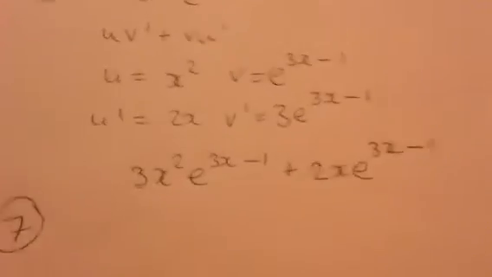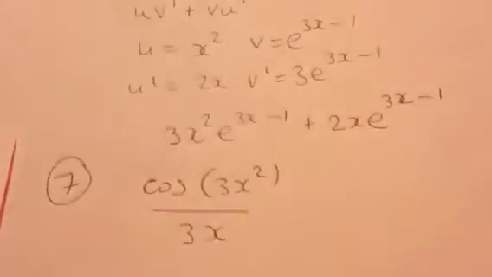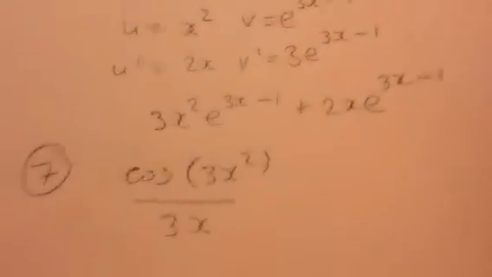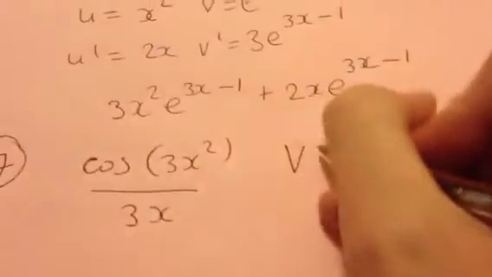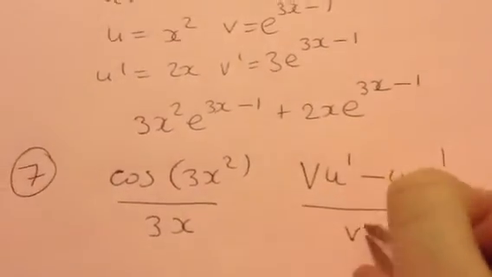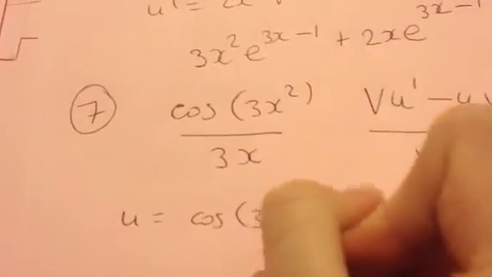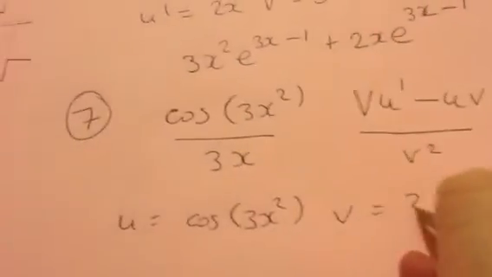So number 7, cos of 3x squared over 3x. Now again, this is quotient rule, okay? So it's VUV. So u is cos of 3x squared, v is 3x.